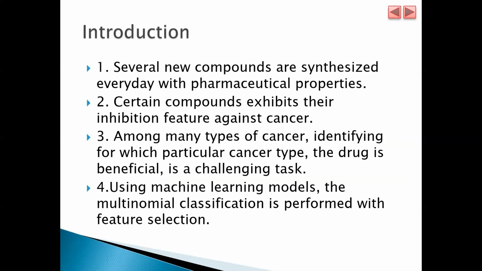Among many types of cancer, identifying exactly what it benefits is a very challenging task. In this research paper, we use machine learning models to classify to which particular cancer the drug falls into. Later we use feature selection, a method called select from model, to enhance the prediction accuracy.